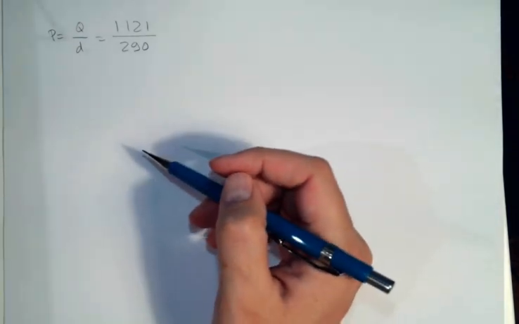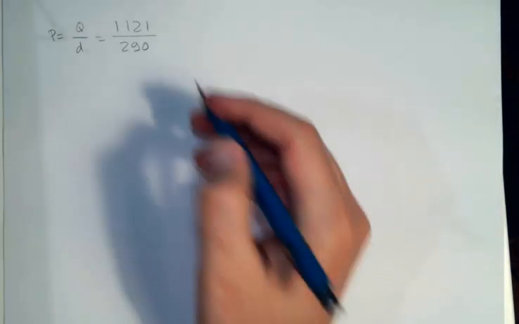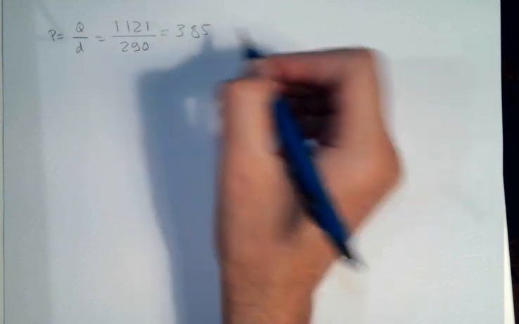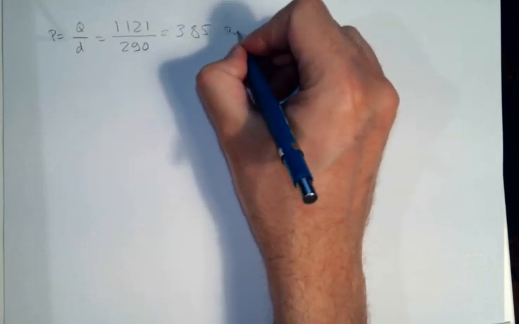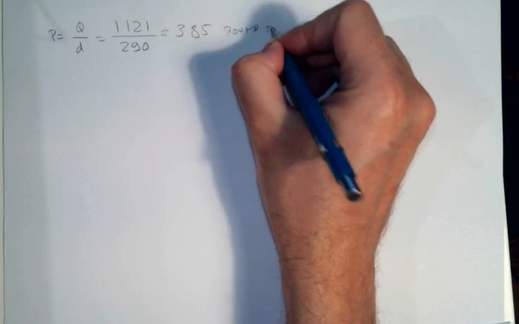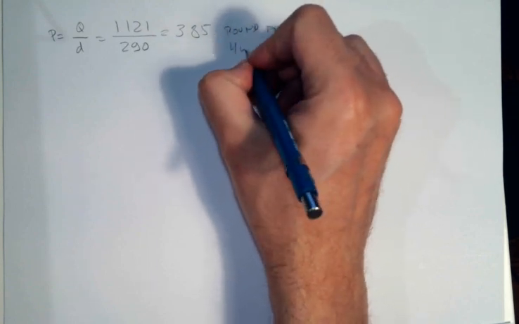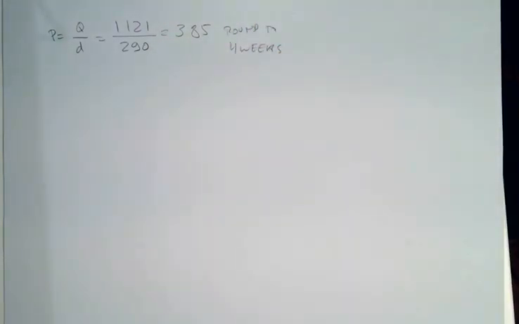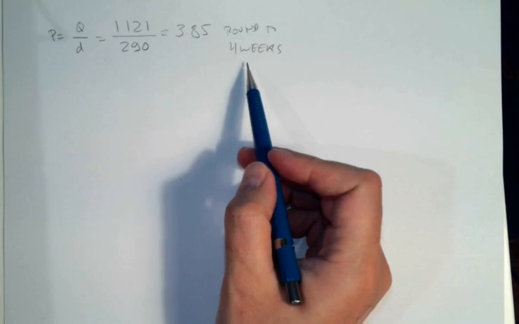So we're going to use the same service level here. P is going to be 3.85, and we need to round to 4 weeks. So you have to round the number here, a very important step, because we cannot order every 3.5 weeks.